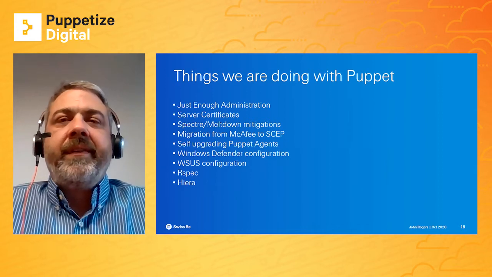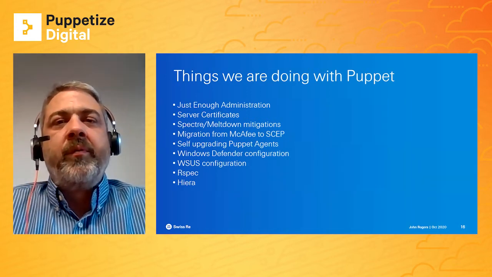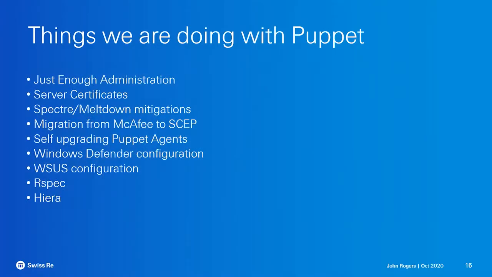So with Windows 2016, with Windows 2012, we really tried to do all of our management with Puppet, whether this is mitigating some type of Spectre meltdown thing, finding ways to easily deploy certificates on machines, or anything like that. So I'll walk through this.